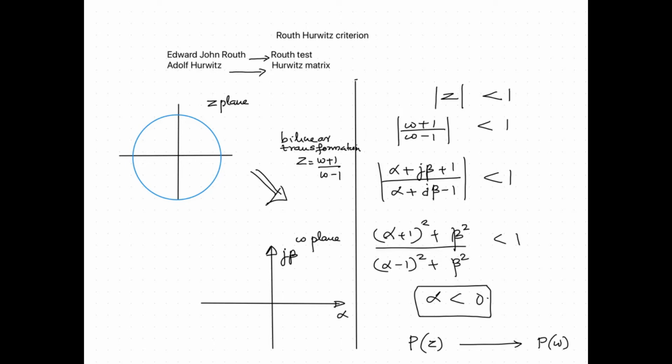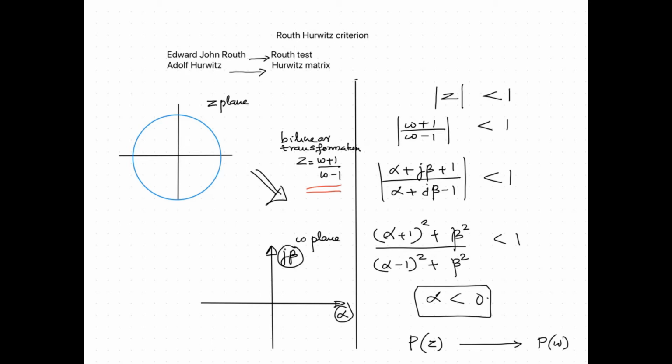And here the figure shows two planes, the Z plane and the W plane. The W plane is a complex plane with alpha as its real axis and j beta as its imaginary axis. The bilinear transformation used for this case is Z is equal to (W plus 1) by (W minus 1).